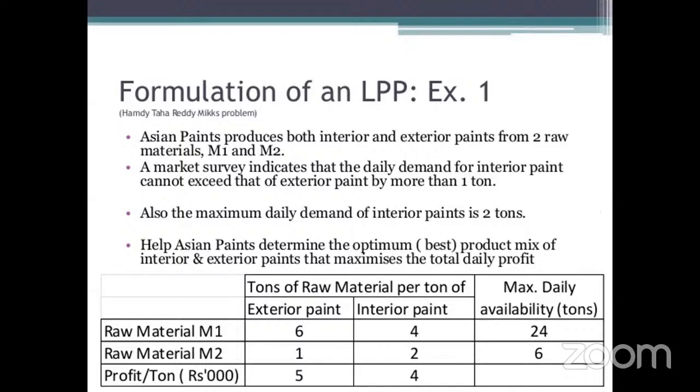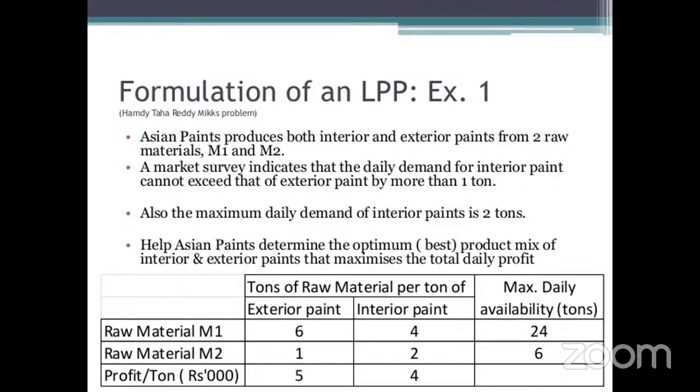At the same time, the constraints would be completely four. Before the non-negativity constraints, we need to put all these constraints: one is raw material M1, another raw material M2.